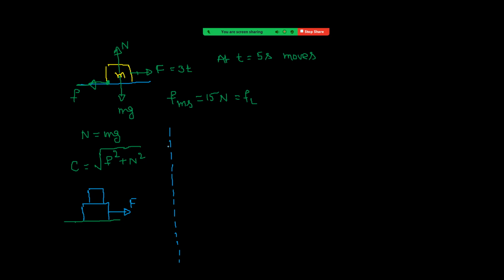Next, one more thing we have observed is that static friction is self-adjusting. It can adjust, and its maximum value is known as limiting friction. Now see carefully. In this problem, according to the given data, the limiting value is 15.